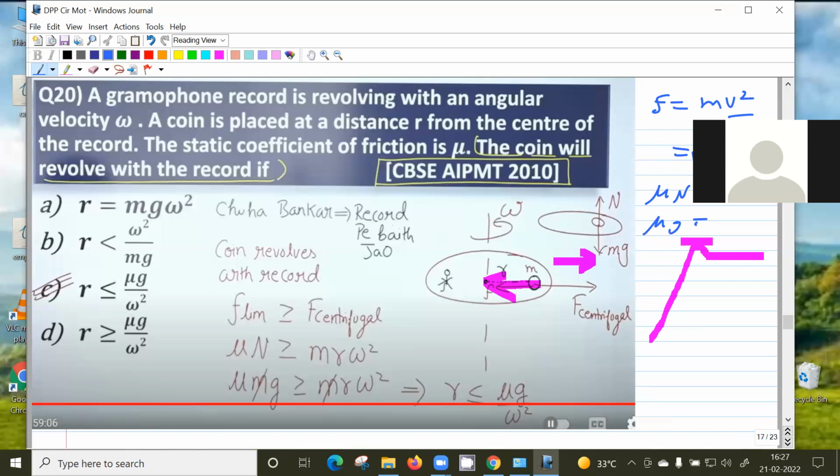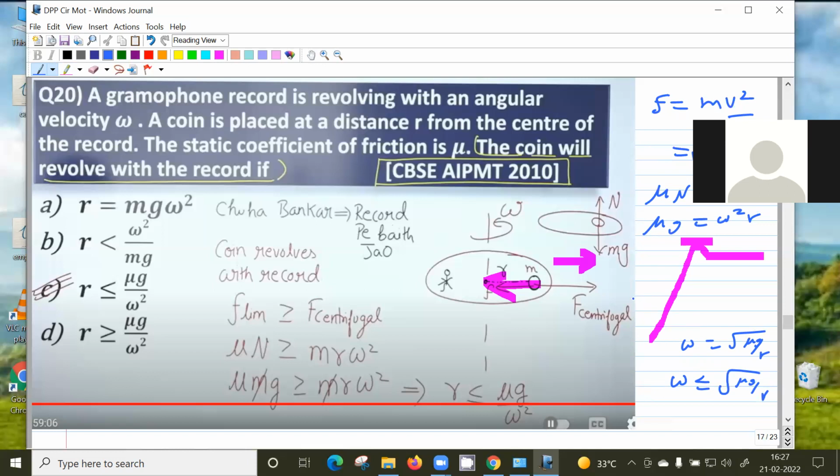So mu g equal to omega square r. So omega is square root of mu g by r, and this is the maximum omega, and omega can be less than this one. So omega is less than or equal to square root of mu g by r.